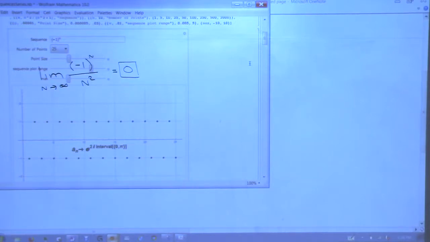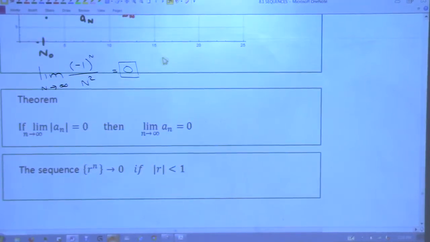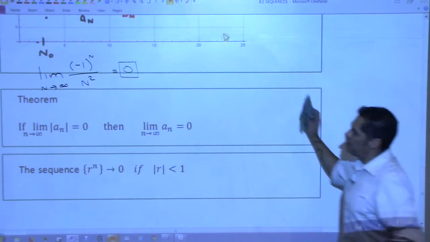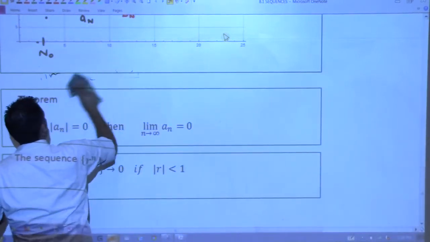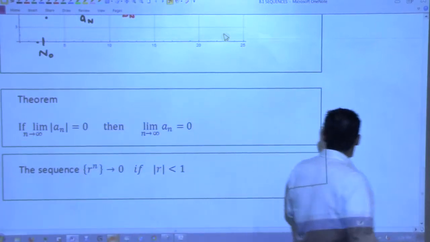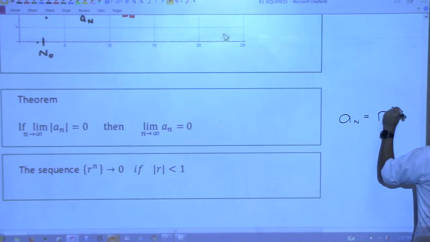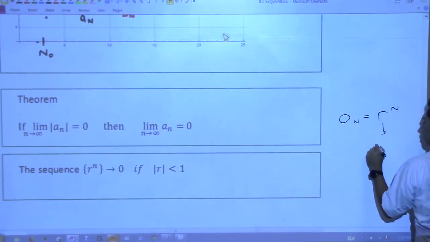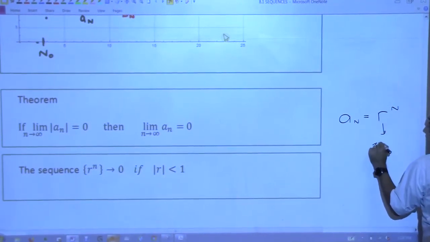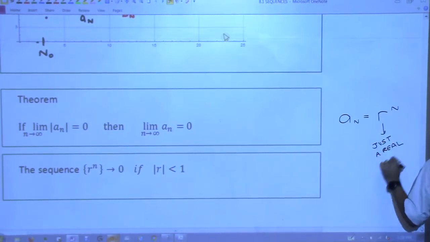Okay, the next thing on the notes has to do with something I believe I did talk about last time, and that is a special sequence. A very special one that's going to pop its head up a few times, and that's any sequence a sub n that looks like r to the n. Here, r is just a real number.